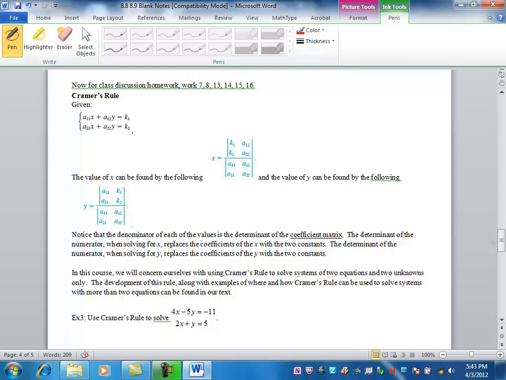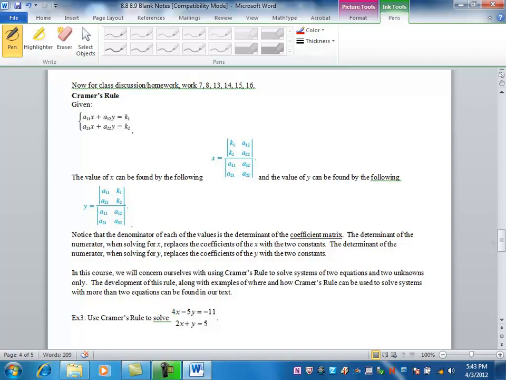We've got a way here to solve systems of equations that uses determinants. And this is a way that among mathematicians some feel is not real useful anymore. Some disciplines, though, still use Cramer's rule, and so we're going to give you a very limited exposure to Cramer's rule at this point.